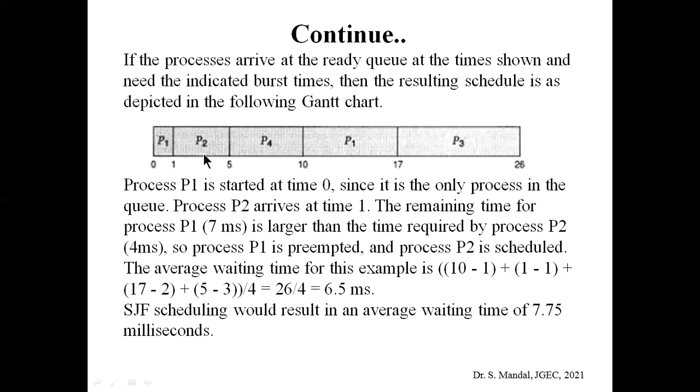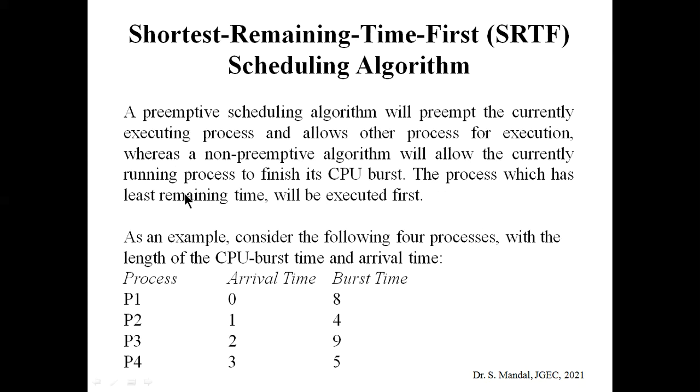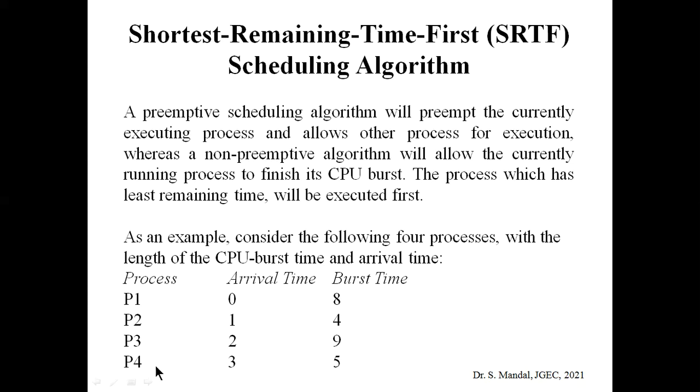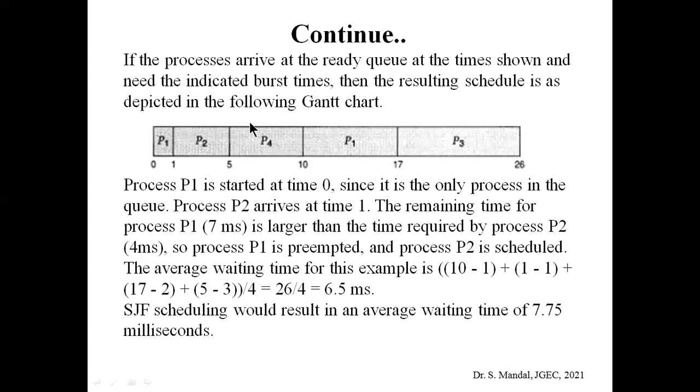For the P2 process, as per the Gantt chart, it started at 1 millisecond, and it also arrived at 1 millisecond, so the waiting time is 1 minus 1, that is 0. Similarly, the P4 process started at 5 milliseconds, but it arrived at 3 milliseconds, so the waiting time for P4 is 5 minus 3.